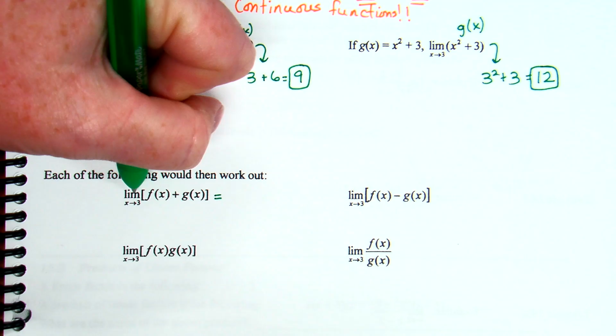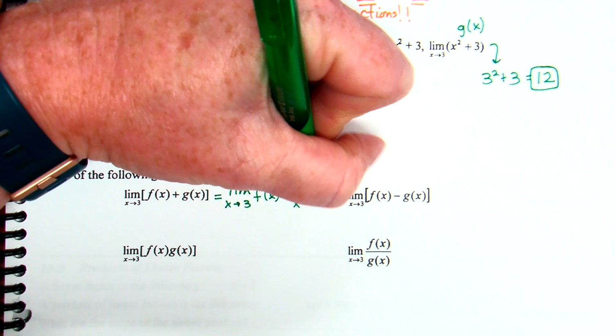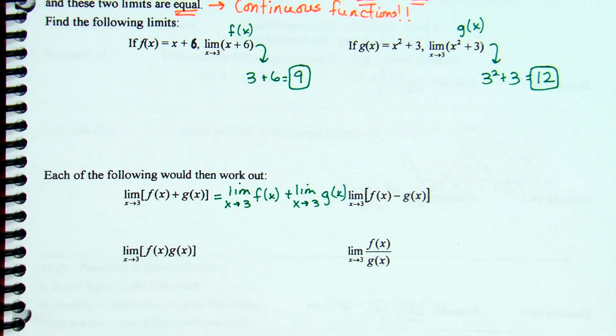This is the limit of a sum. I forget which way to say it. So this is the limit of two things added together, right? It is equal to the individual limits added together. So the limit as x approaches 3 of f of x plus the limit as x approaches 3 of g of x.